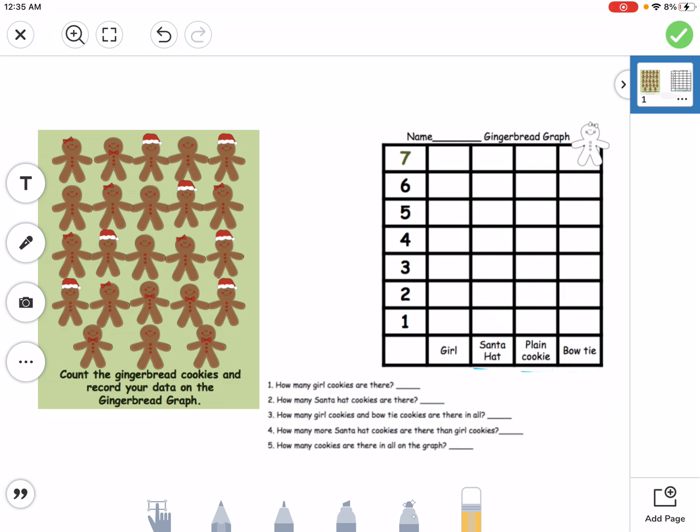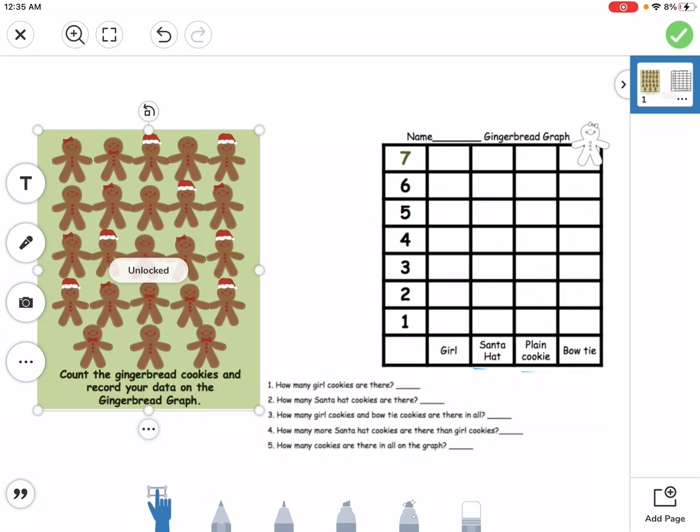And the numbers are over here on the side, 1 through 7. So how many gingerbread girls are there? How could you tell if it's a girl or not? Looks like the girl has a bow in her hair. Okay, look closely. The girls have a bow in their hair.